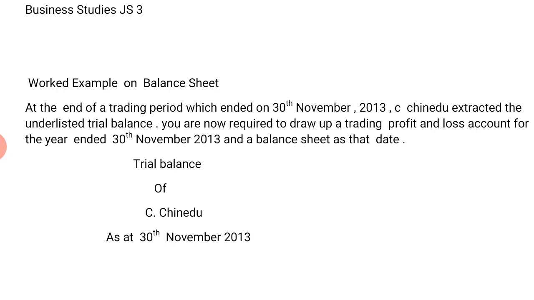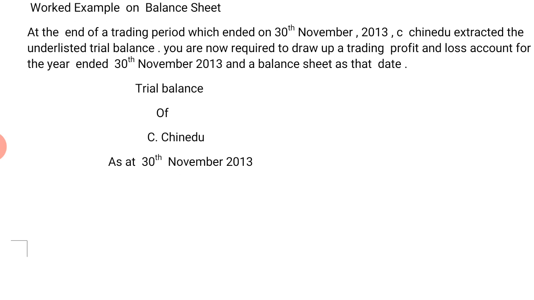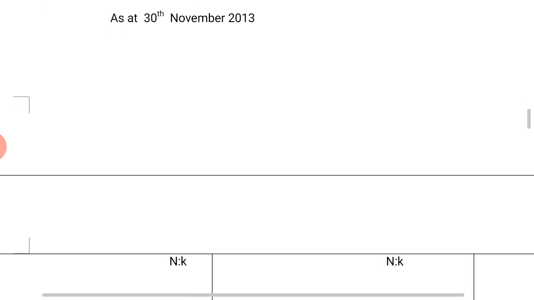You are now required to draw up a trading profit and loss account for the year ended 30 November 2013 and a balance sheet as at that date. Trial balance of C. Chinedu as at 30 November 2013.